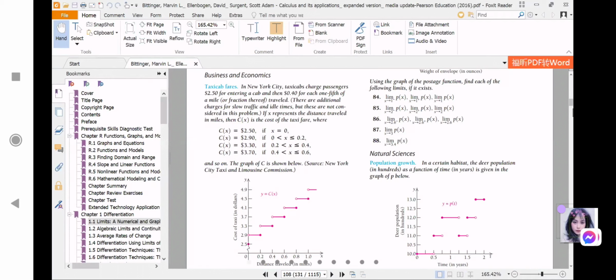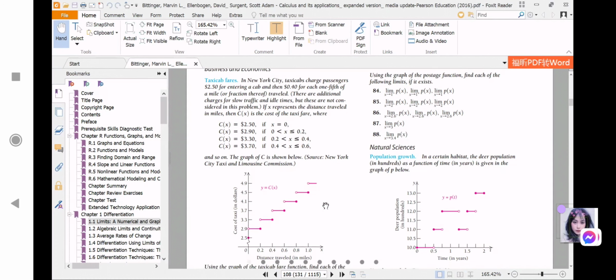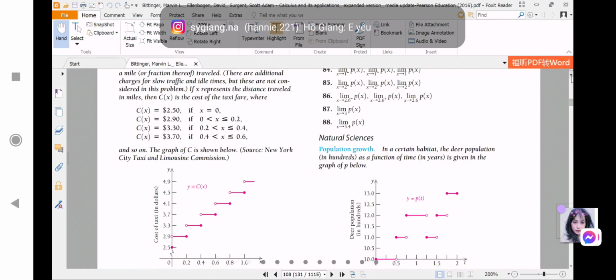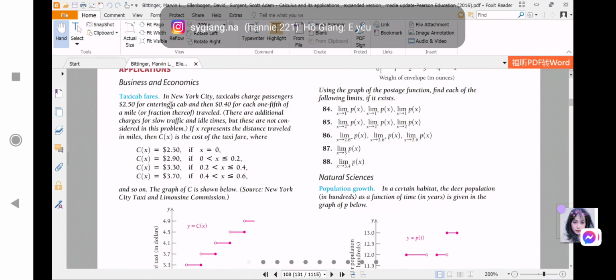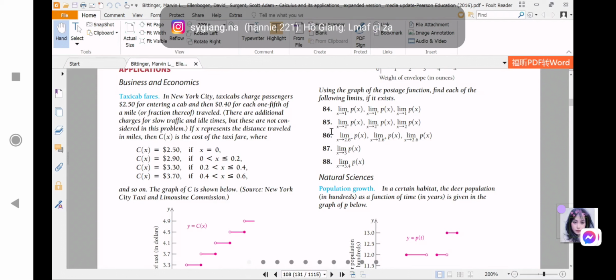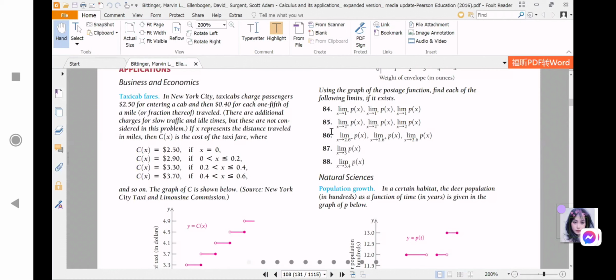Answer for me this example, 81. In New York City, taxi cabs charge passengers $2.5 for entering a cab, and then 0.4 for each 1/5 of a mile. 1/5 mile, yes.